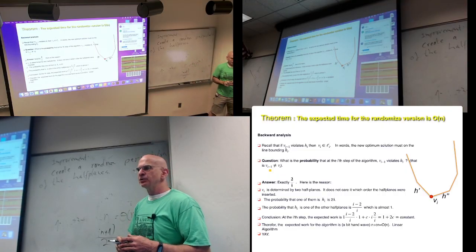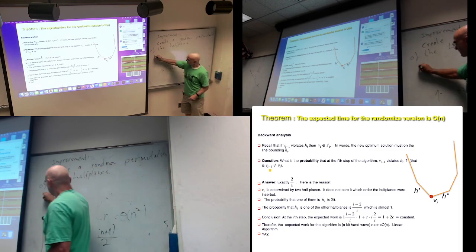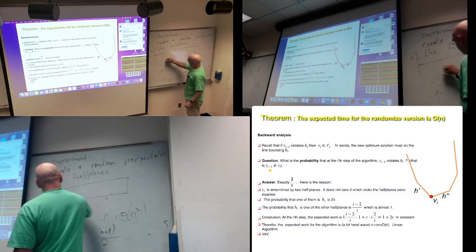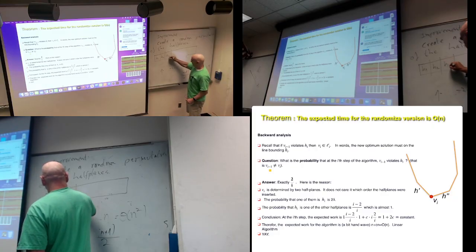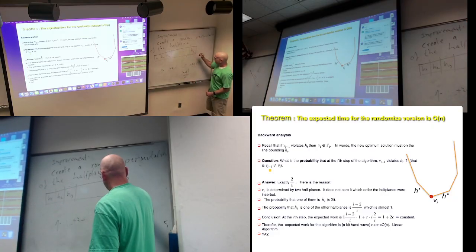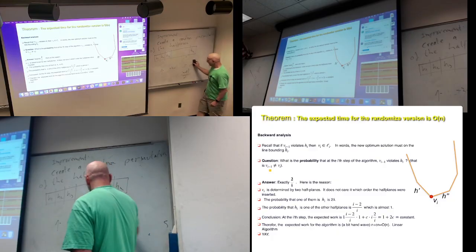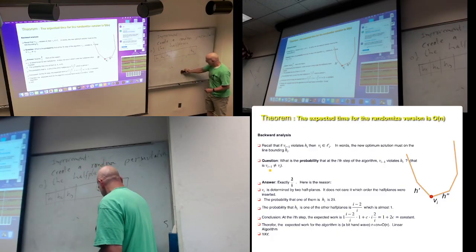You have the same input. I don't change the input, I just change the order of the half planes. So I start with an array, h1, h2, h3, all the way up to hn, and I want to create a random permutation of these half planes.